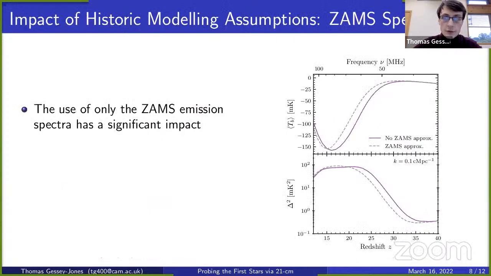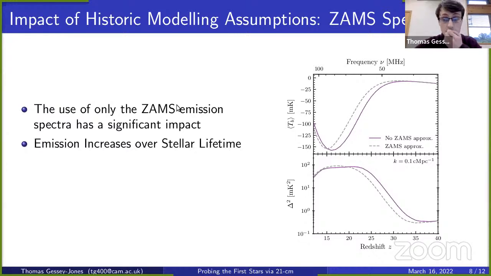Now, before we start comparing IMFs, though, we should double check that the assumptions being made in these simulations are valid. And in particular, 2 assumptions we looked at were found to be somewhat problematic. The first was the previous assumption that the spectra for the stars being used were just their zero-age main sequence spectra, and it was implicitly assumed that this was the same as their average spectra. Now, this was found to not be true, at least in the Lyman band for POP3 stars.